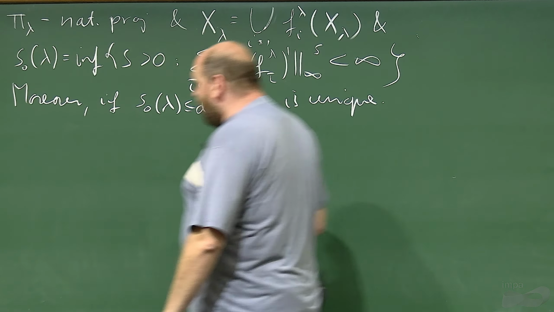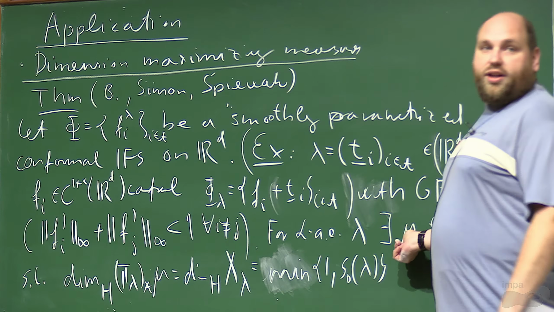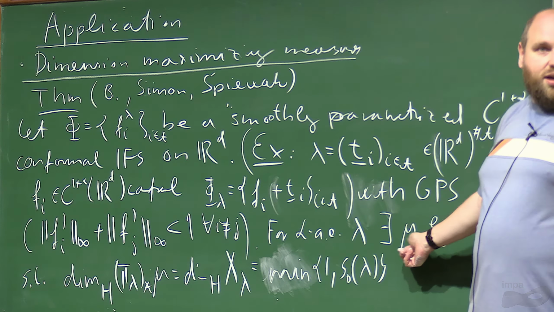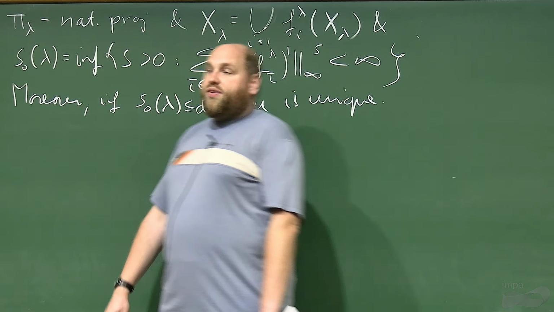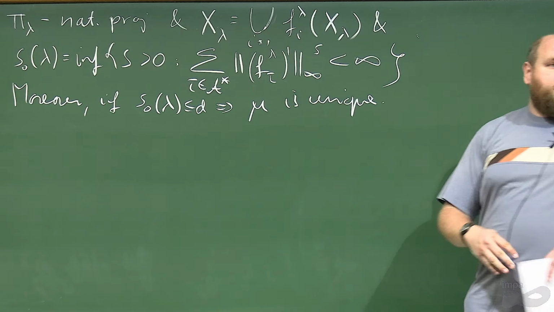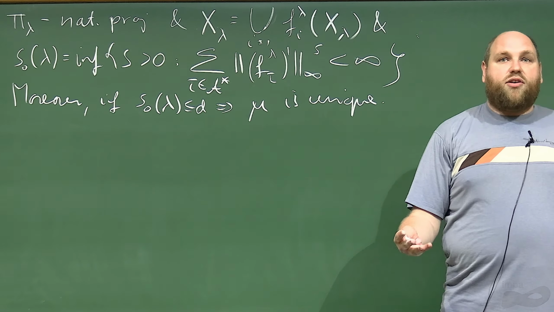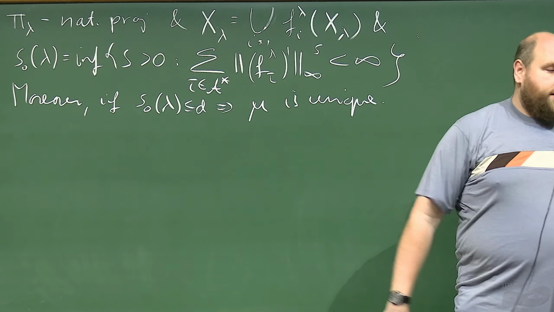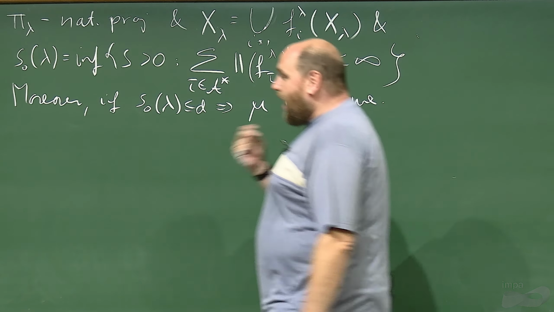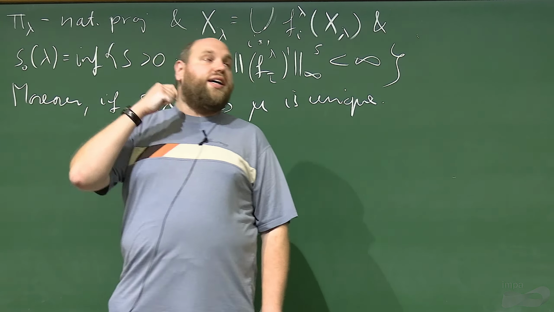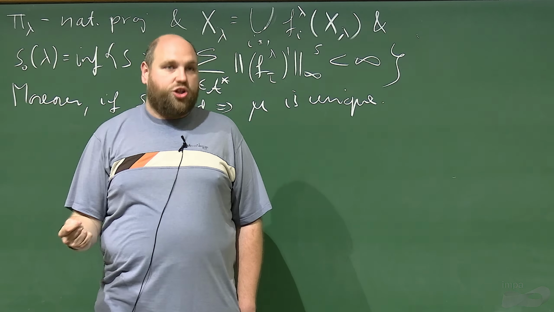Okay? And this basically follows from the variational principle. And of course, this measure then depends on the choice of lambda. But what do we know? If we have the GPS, then with respect to this nice associated metric, every ergodic measure has this regular dimension separability. So there is no ergodic measure whose dimension would drop.